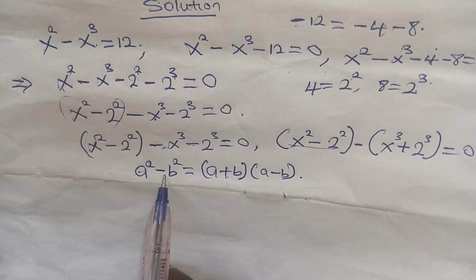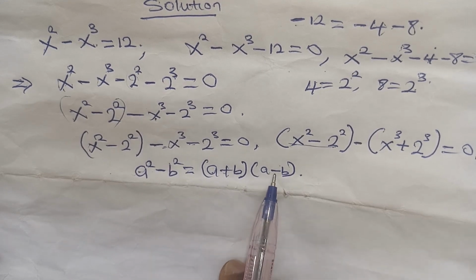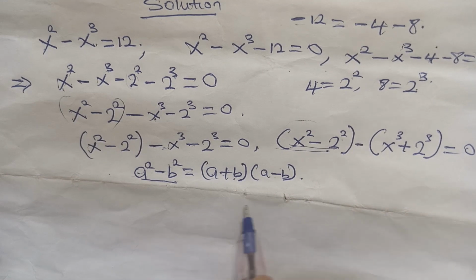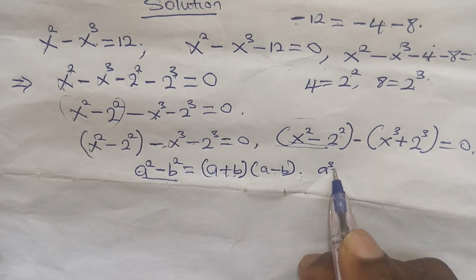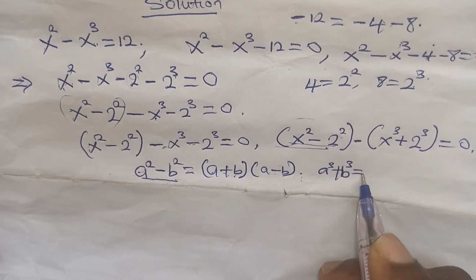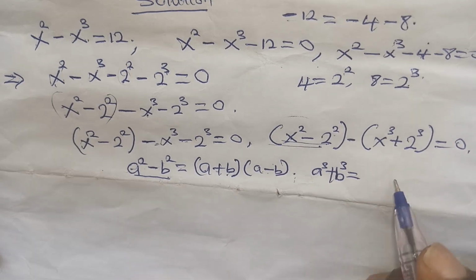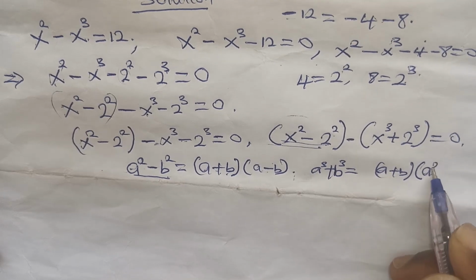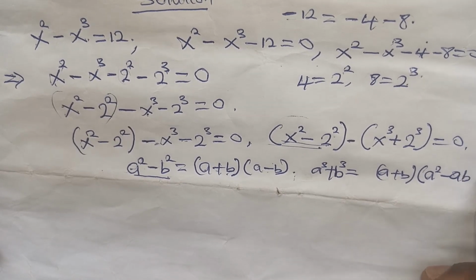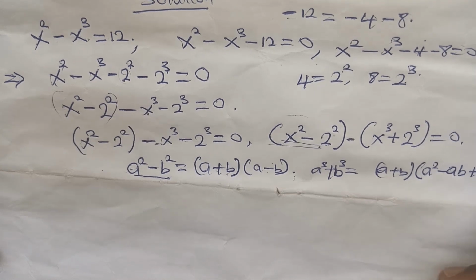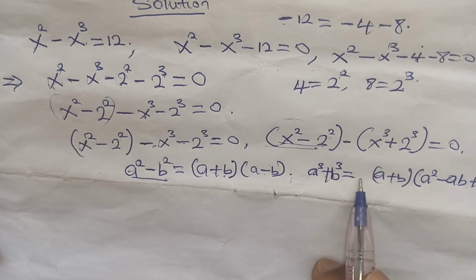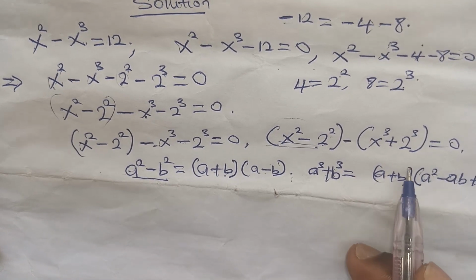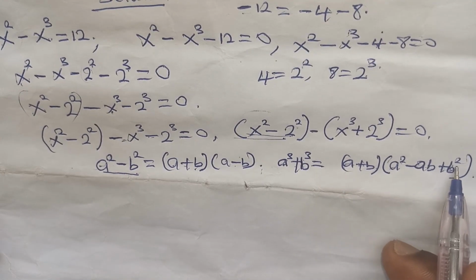And if we are having a cubed plus b cubed, it equals a plus b into a squared minus ab plus b squared.